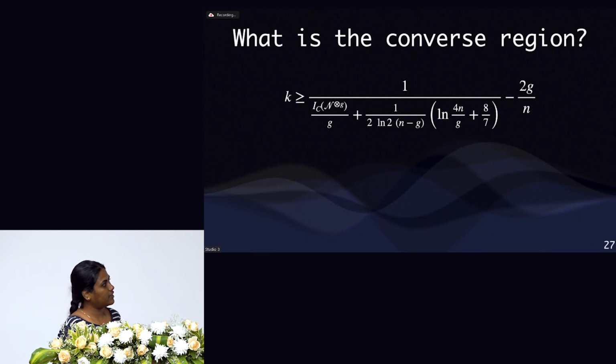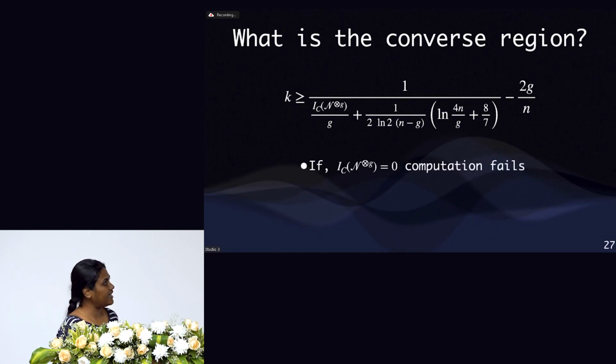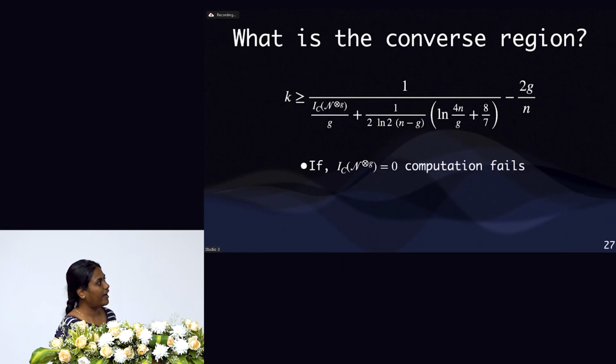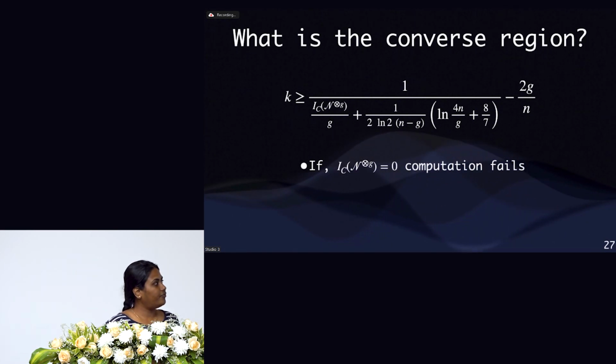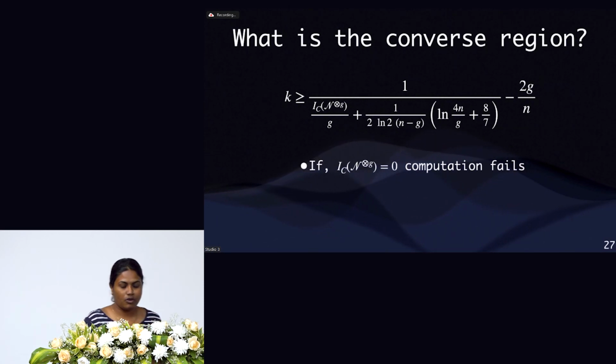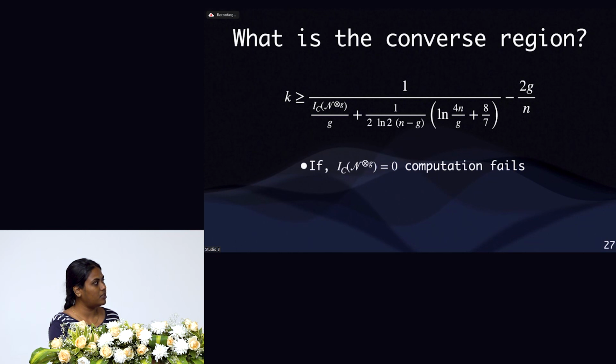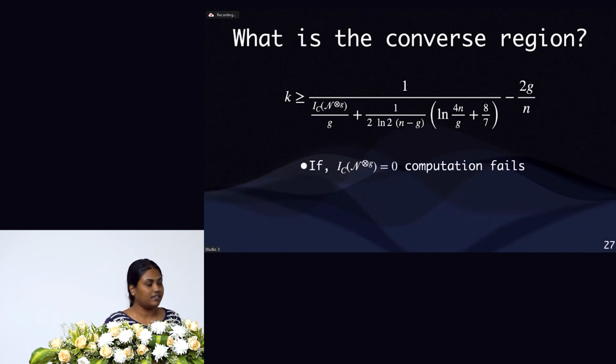If this I_C of N tensor g becomes 0, this computation fails. Also if you put it in this equation, you can see that k is greater than or equal to infinity. So, the values of noise p for which this term becomes 0 are the converse region that you have to avoid when building a quantum computer.